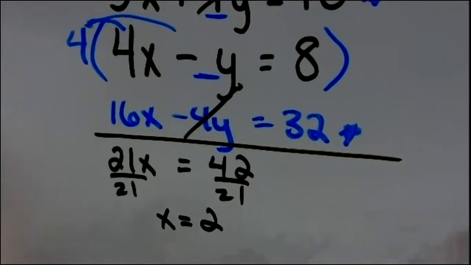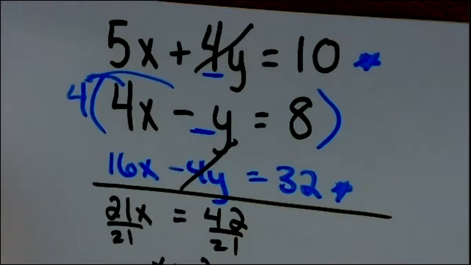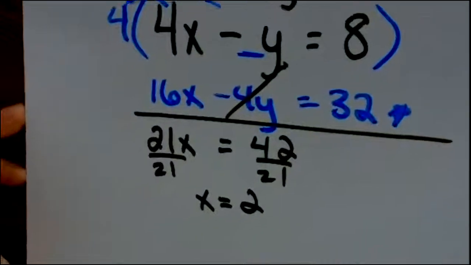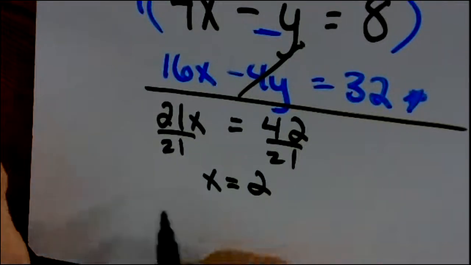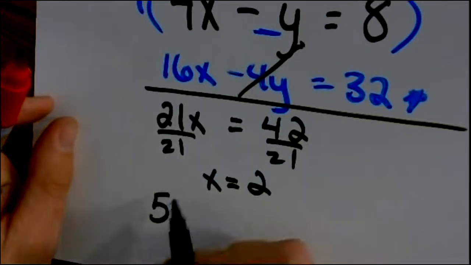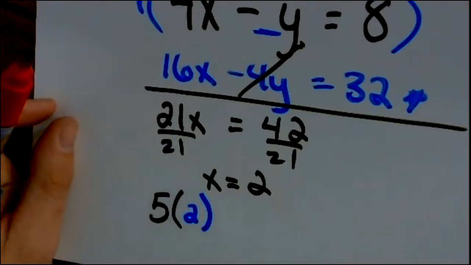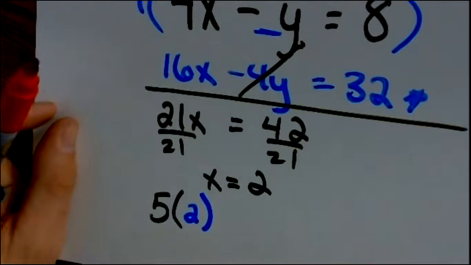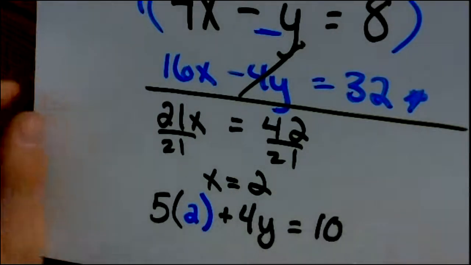Once I have my x, I'm going to take one of the two original equations, substitute in for x, 2. So I'm going to pick the first equation again for no real reason other than it's the first equation. So I have 5 times, instead of x, I'm going to put 2, and then plus 4y equals 10.